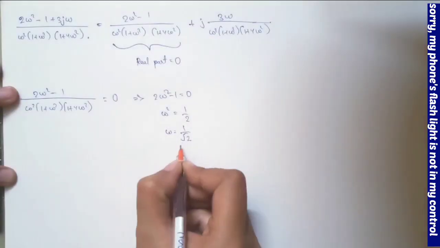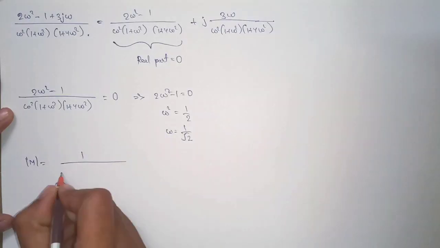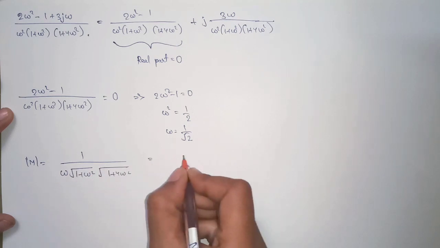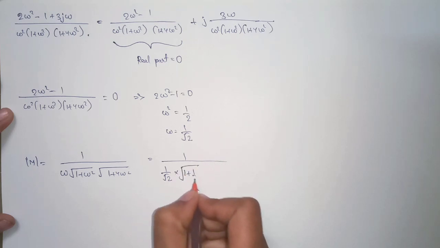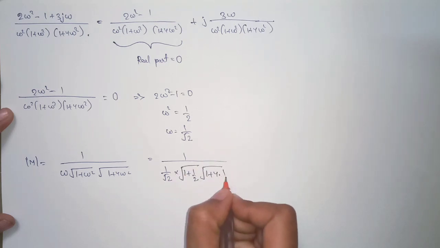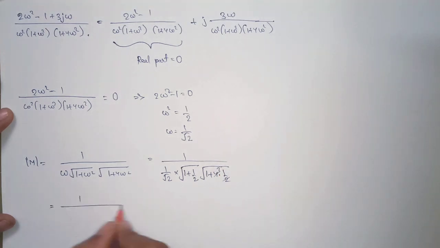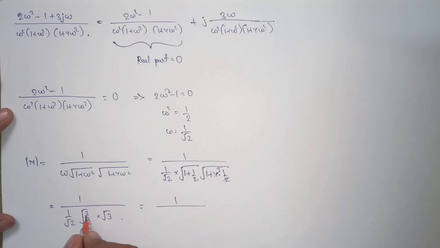Now we will substitute this omega value into the magnitude. The magnitude is equal to omega by the square root of 1 plus omega squared, times 1 plus 4 omega squared. We will get 1 by root 2 into 1 plus 1 by 2, 4 into 1 by 2. This is 2, and we will get 1 by root 2, this is root 3 by 2 into this is root 3, and if we solve it, we get root 3 and root 3 is 3, and root 2 and root 2 is 2.